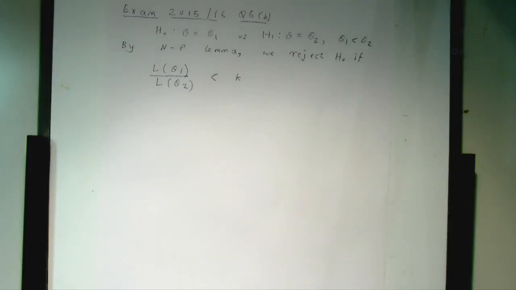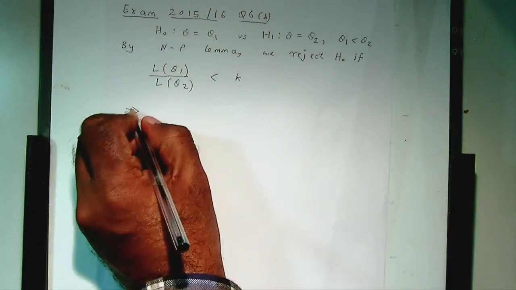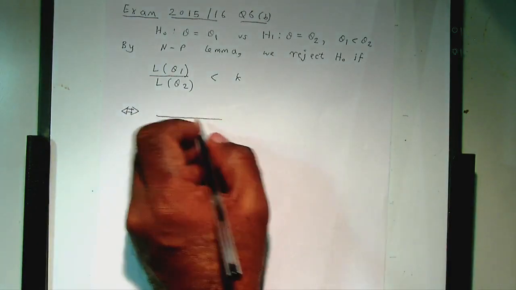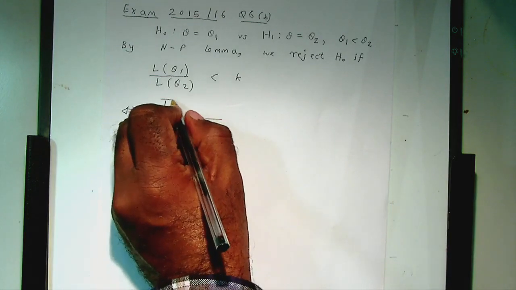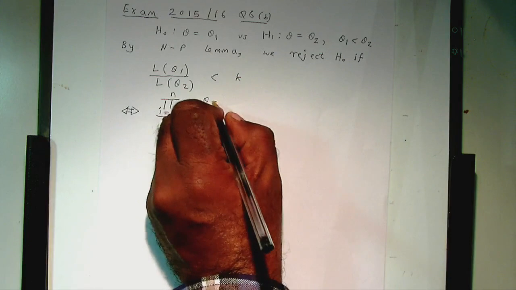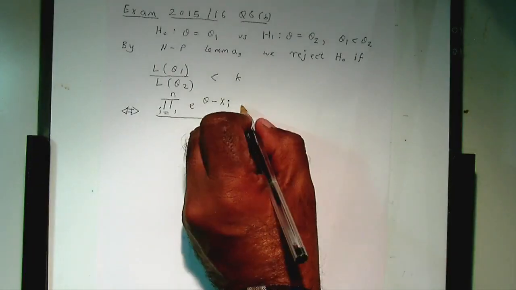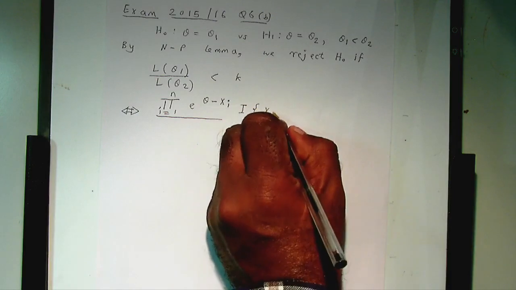Can you see it? Now we have a sample of the density function. The density function is this one here, the exponential of theta minus x. When you write down the likelihood function, it's this one, and you should put the indicator function also, that xi is greater than theta.